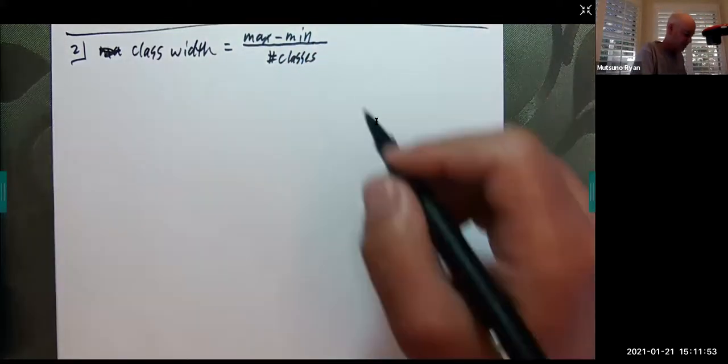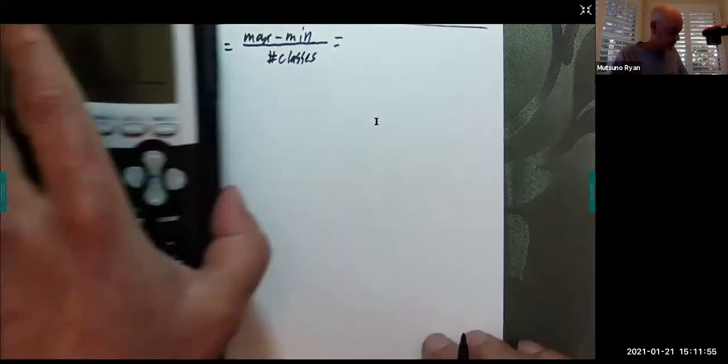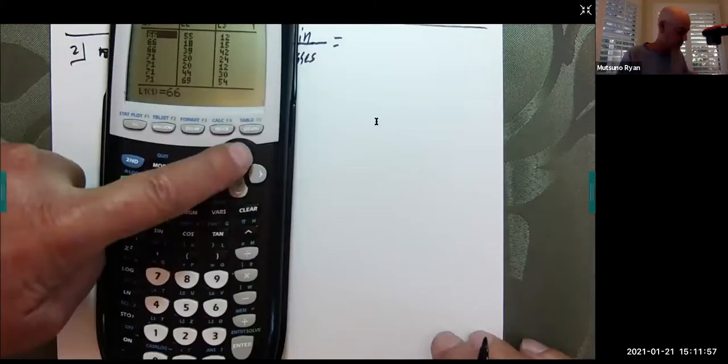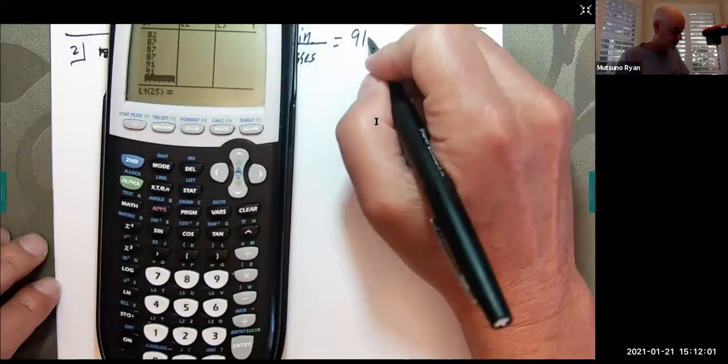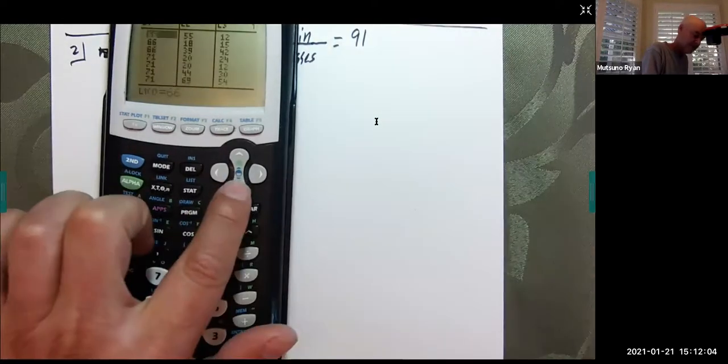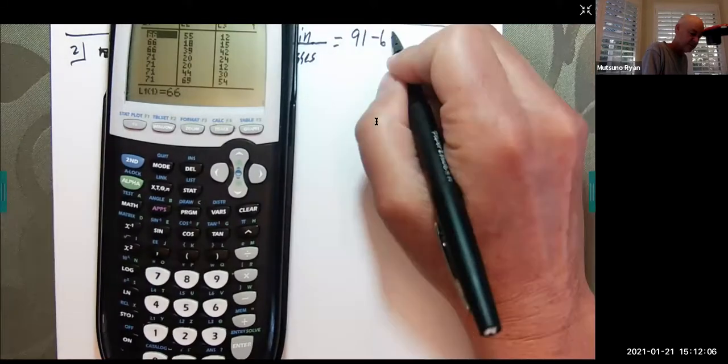So in this case, my max value, a quick way to get to the bottom of your list is just to go up, is 91. And consequently, if I go down, it takes me to the top of the list, minus 66 over 4.